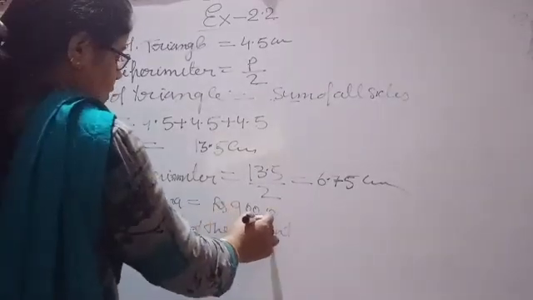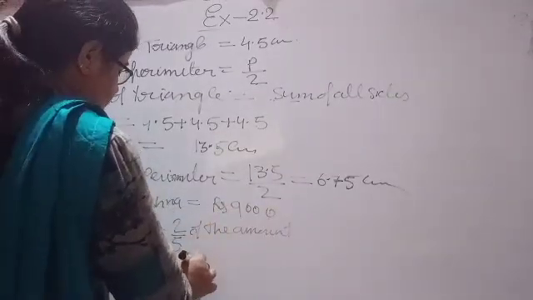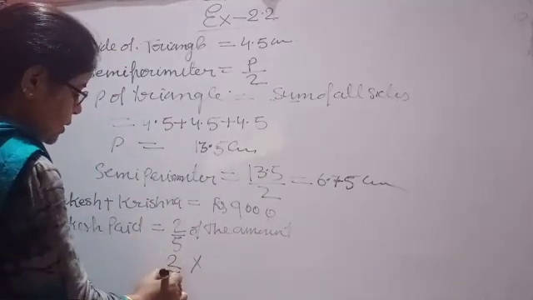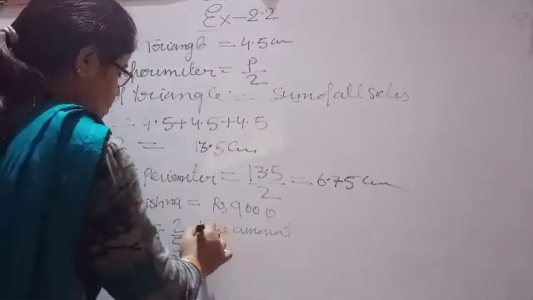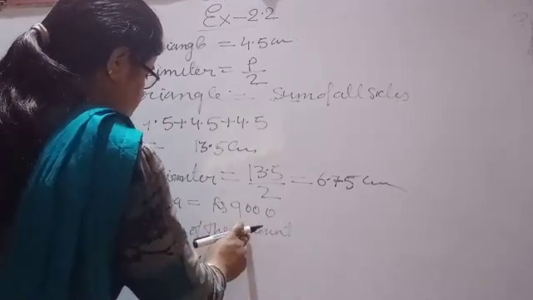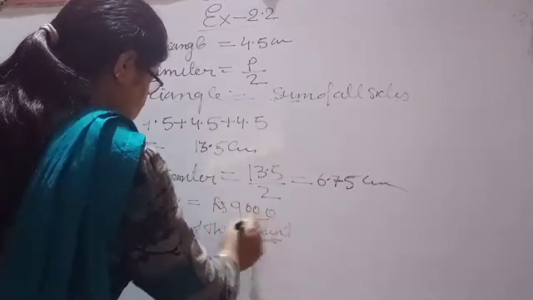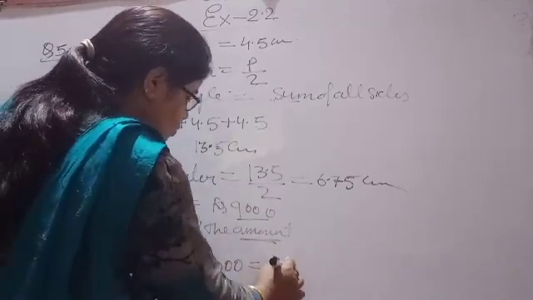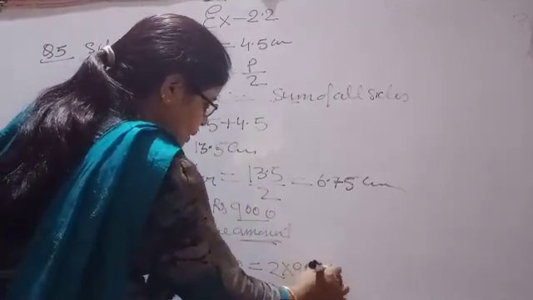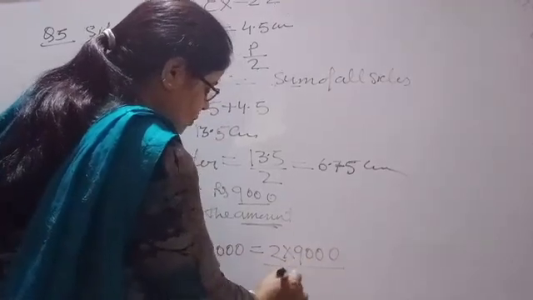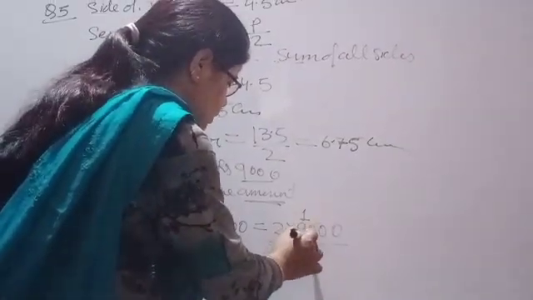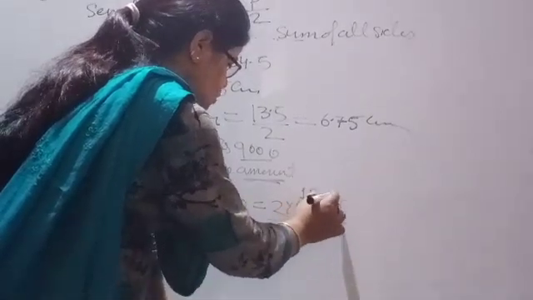Of means multiply. 2/5 of the amount, and the amount is 9,000. So what will it be? 2 into 9,000 divided by 5. Now cancel by 5. 5 ones are 5, 5 fours are 20, 5 eights are 40, 0 0.